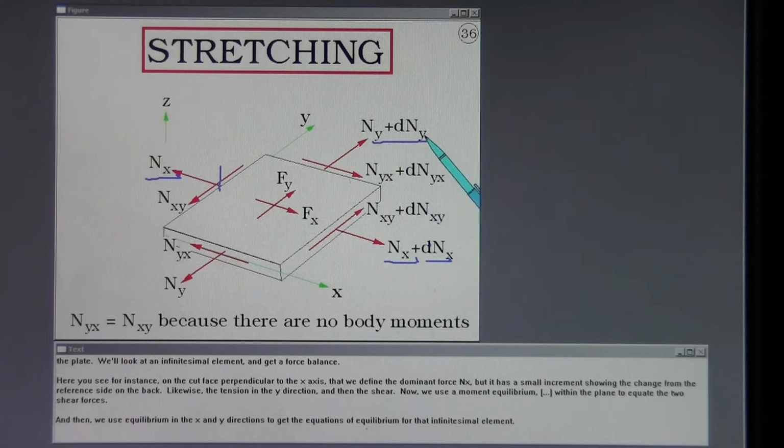Likewise, the tension in the y direction, and then the shear. Now we use a moment equilibrium within the plane to equate the two shear forces, and then we use equilibrium in the x and y directions to get the equations of equilibrium for that infinitesimal element.